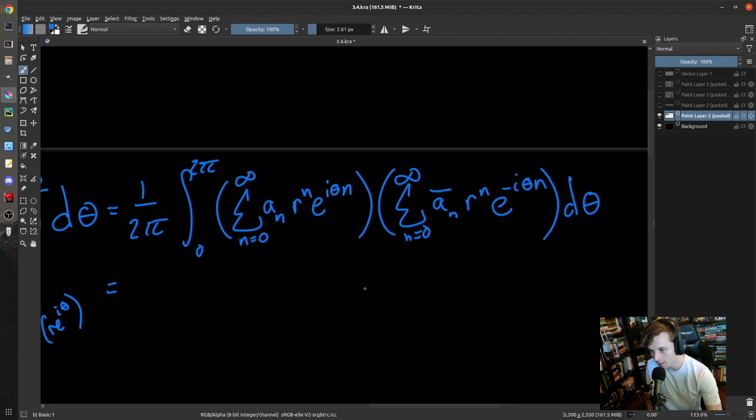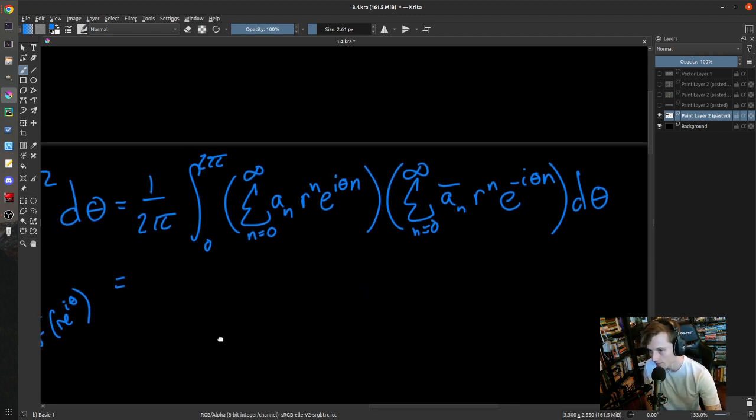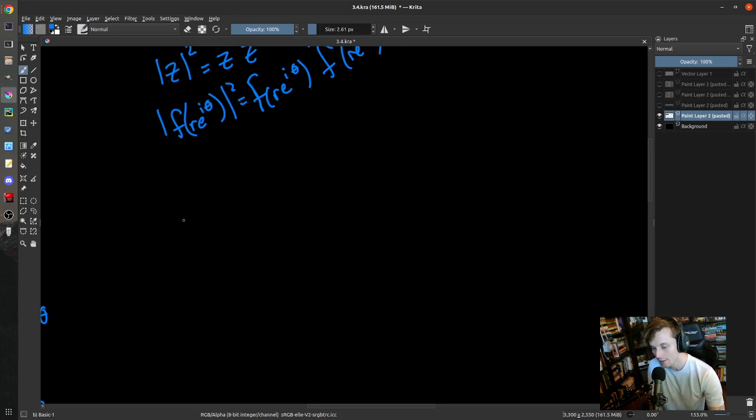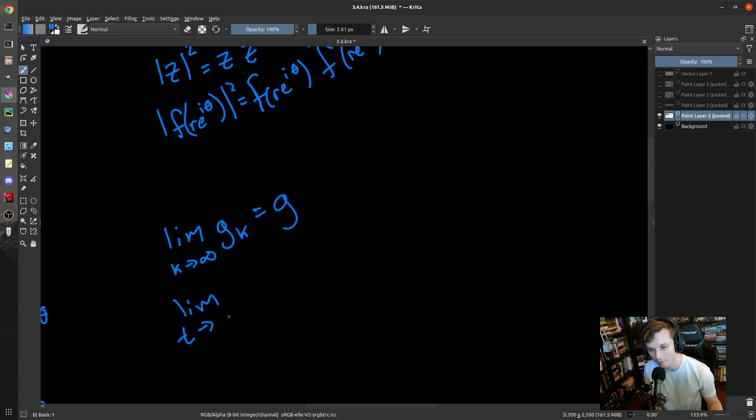Each of these is defined in terms of limits, yeah? So we've got basically some situation, like imagine you have the limit as k goes to infinity of g_k, and let's say that this is equal to g, and the limit as, let's pick another variable, t goes to infinity of h_t is equal to h, right?